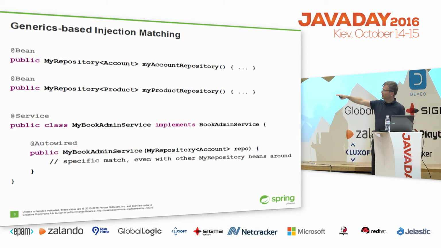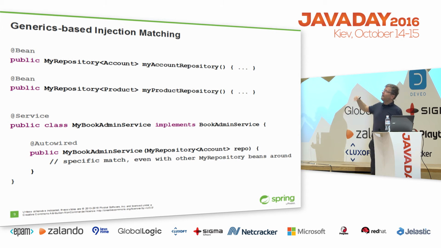And this constructor accepts a MyRepository of Account. So that suggests that the MyRepository type has a type variable, and we're substituting the type variable with Account here. All good and actually quite common, in particular for repositories. This could be a Spring Data repository, but doesn't have to be. It could be a custom repository interface or a class.